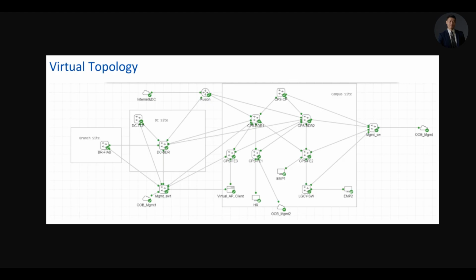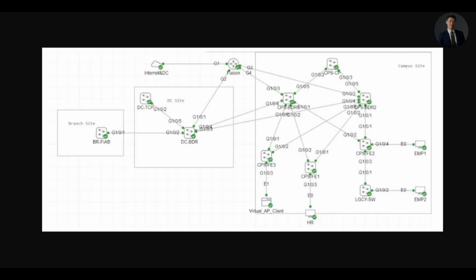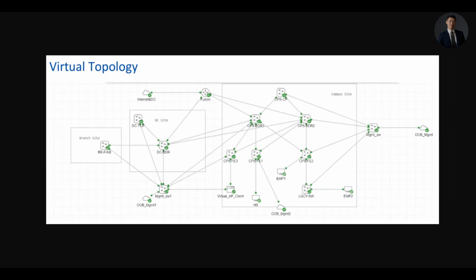This is the virtual, this is the physical. Take a look at this, download it if you want. Throughout the whole lab we're using Catalyst 9000, software version 17.12. We do have a fusion switch right here. The fusion switch is a Catalyst 8000, running version 17.9.4.